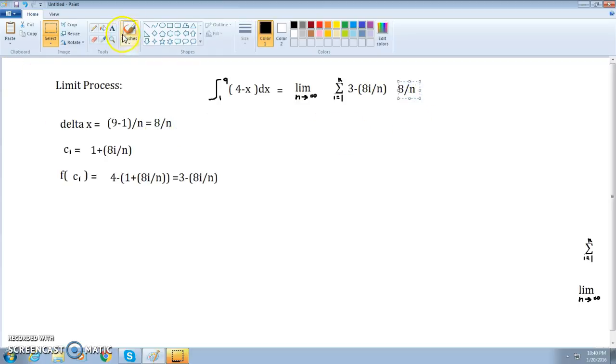I'm just going to put a little times symbol right there. Now from here on, it's just using properties and simplifying algebra.